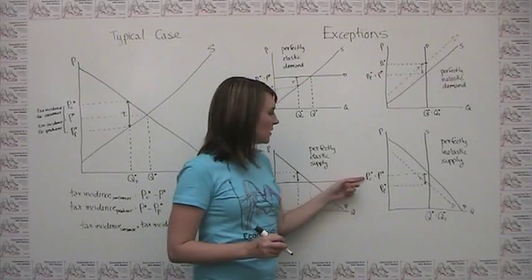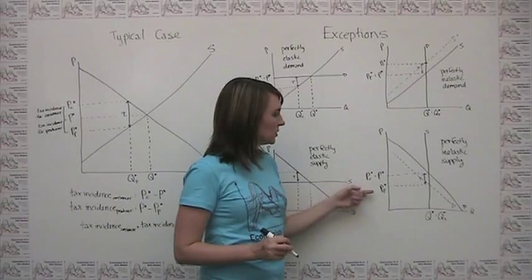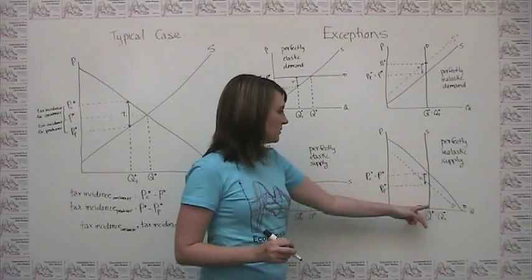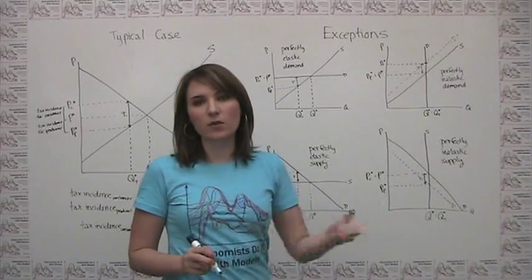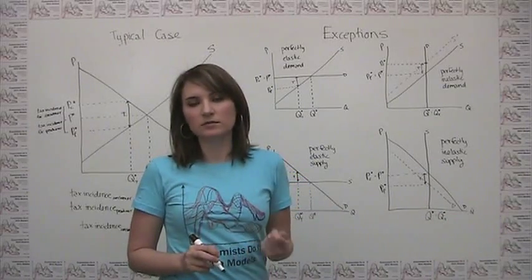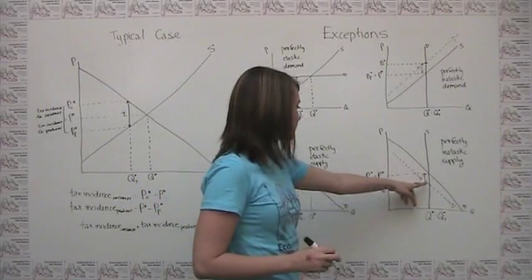And the reason that he's unable to charge the consumer a higher price is because the consumer knows that the same supply is going to happen regardless of what the price is, so why not make the producer eat the entire amount of the tax? We can see that that's exactly what happens.